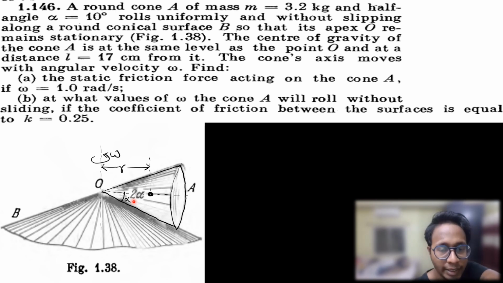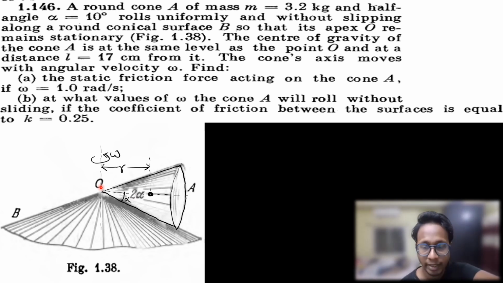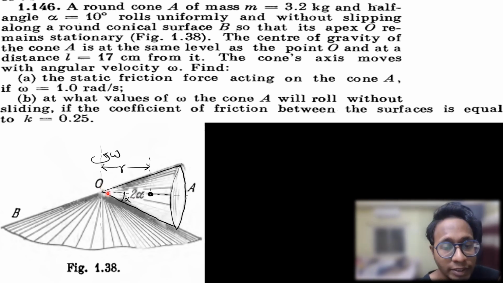Otherwise, if the surface were frictionless, what would happen? The cone would slip off, isn't it? So the friction force is keeping the cone in its place. Now the question is asking to find the value of this friction force. The first part is asking, if omega is equal to 1 radian per second, find the value of the friction force exerted.